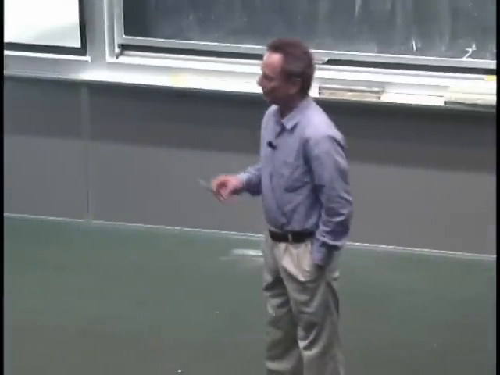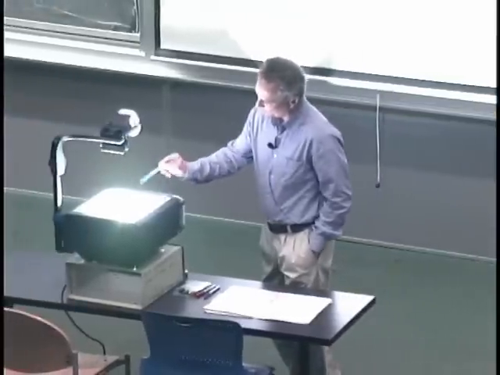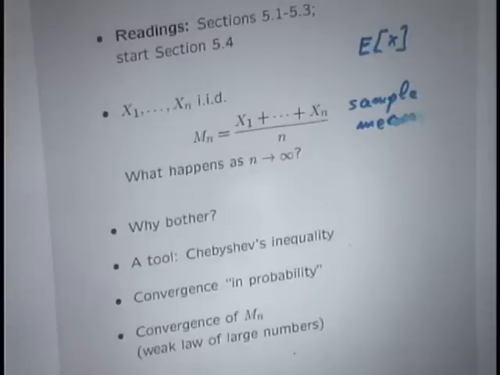Then we need to define what we mean by convergence when we talk about random variables. It's a notion that's a generalization of the usual convergence of limits of a sequence of numbers. And once we have our notion of convergence, we're going to see that indeed the sample mean converges to the true mean, converges to the expected value of the X's.